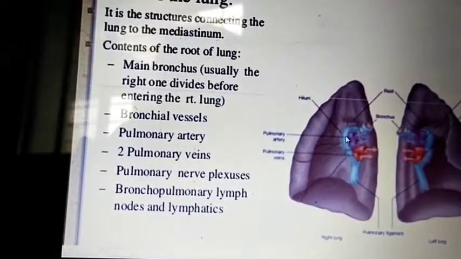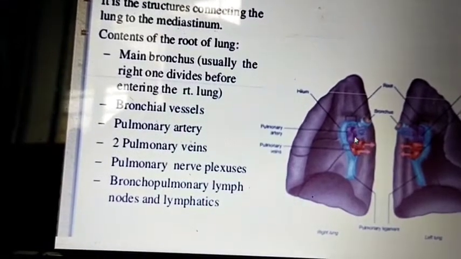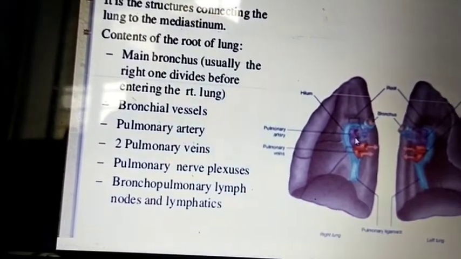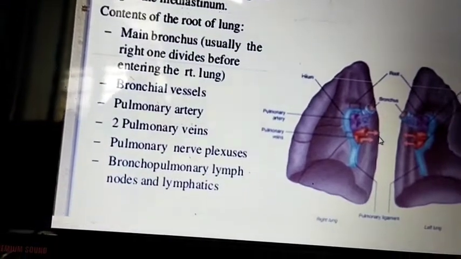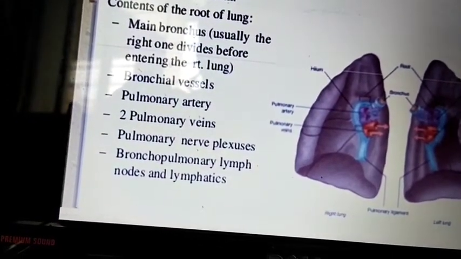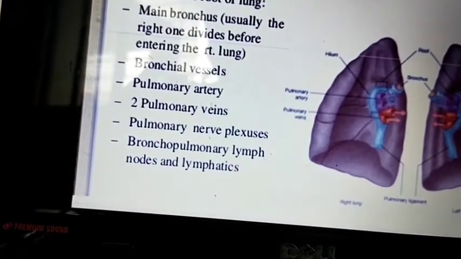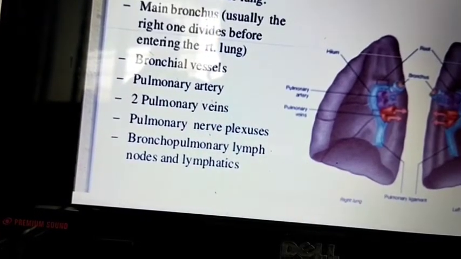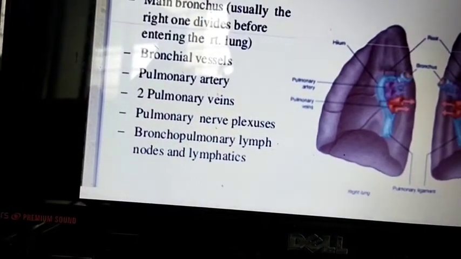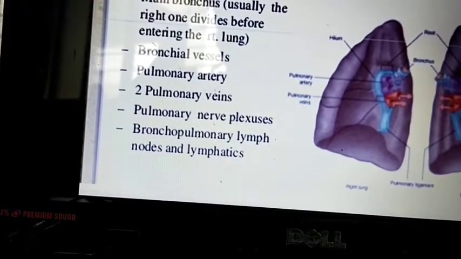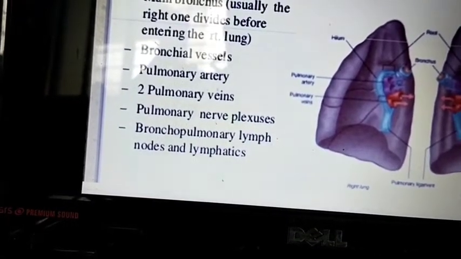At the hilum, the structures that enter and exit attach the medial surface of the lungs to the mediastinum and hold the lungs in place. Just as a root holds a tree, the lungs are held by the mediastinum through these structures, which are called the root of the lung.